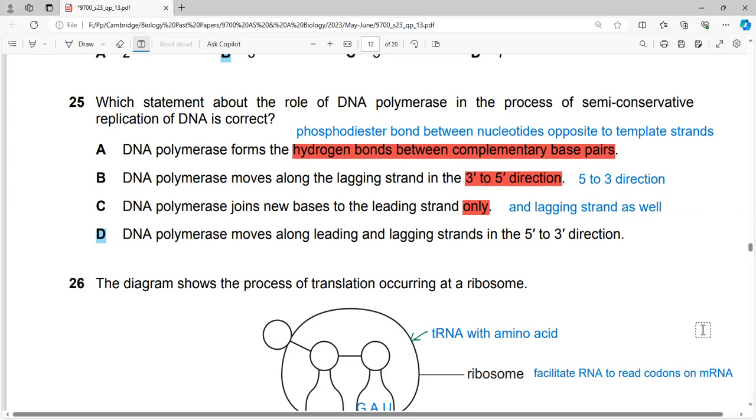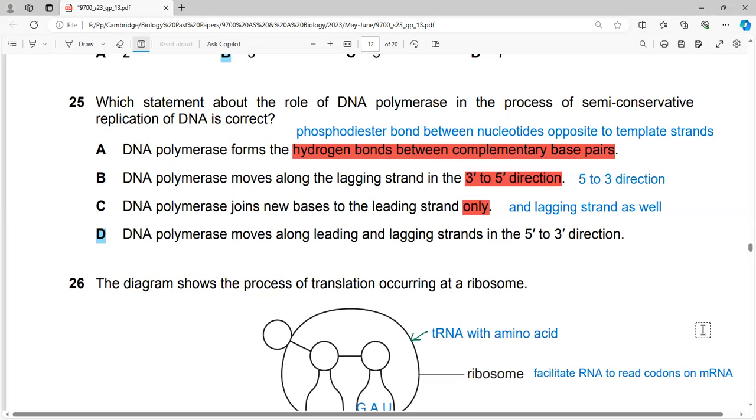So A, the DNA polymerase forms the hydrogen bond. So DNA polymerase is not making the hydrogen bond between complementary base pairs. It is making the phosphodiester bond between the nucleotides opposite to the template strand. So that's why this is a wrong statement.